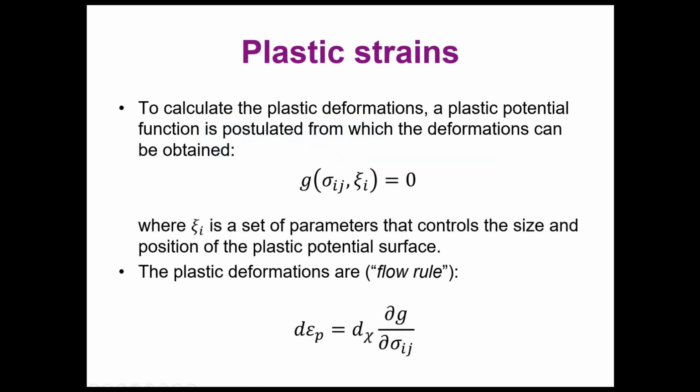To calculate the plastic deformation, you have two alternatives basically. You can use directly the yield surface that defines your failure or the transition from the elastic to plastic regime, or you can have an additional surface that is called the plastic potential, and the plastic potential will have a shape that could be similar or different to the one you have used for the yield surface.